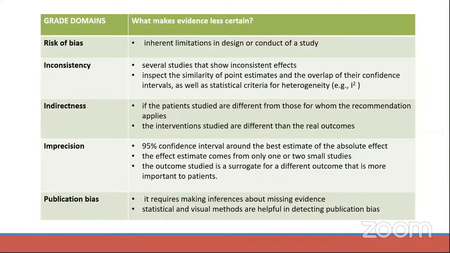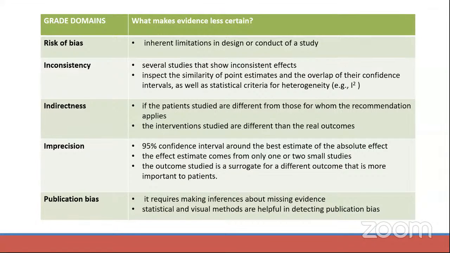And inconsistency might arise if several studies show inconsistent effects. While looking at inconsistency, you must inspect the similarity of point estimates, that is, effect sizes, the overlap of confidence intervals, as well as statistical criteria of heterogeneity that I talked about.